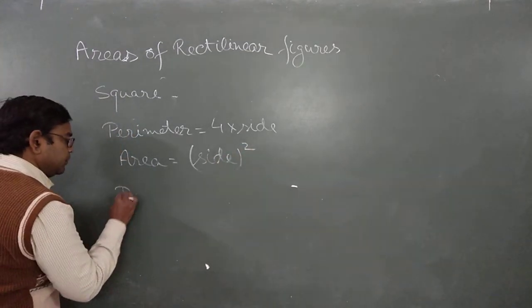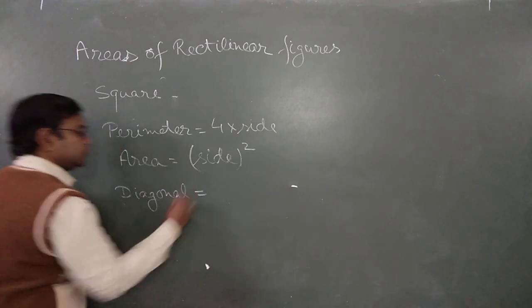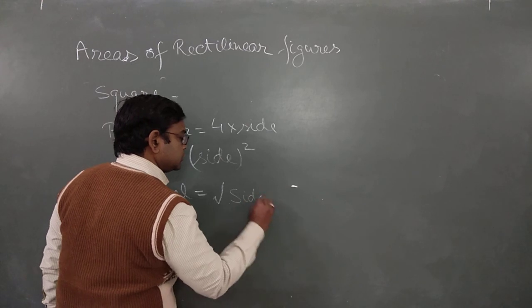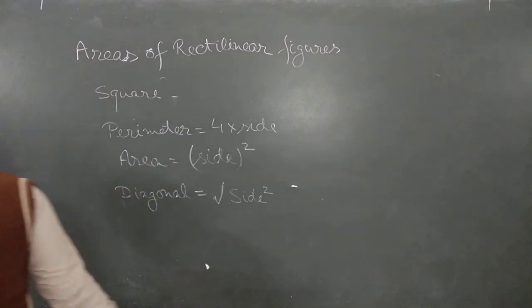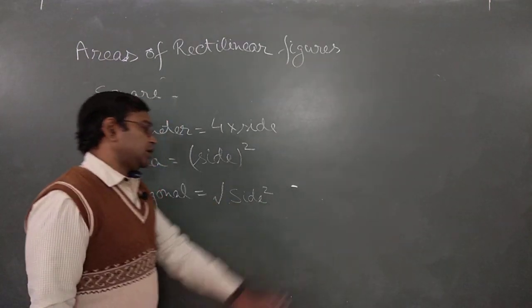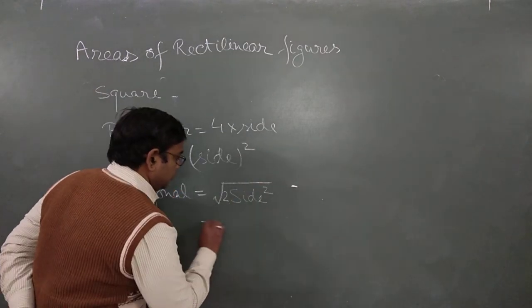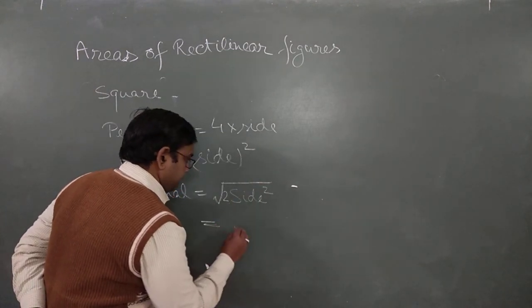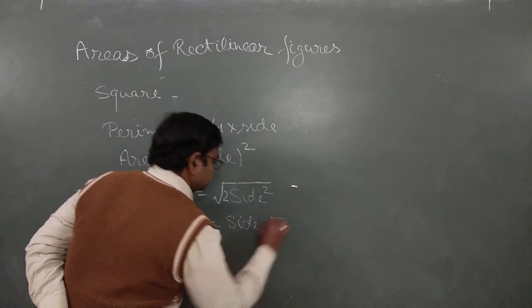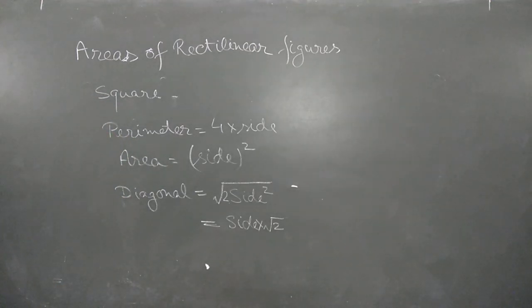And the diagonal equals under root of side square plus side square, that is 2 side square, or we can write it as side into root 2. So these are the formulas, you must learn all of them.